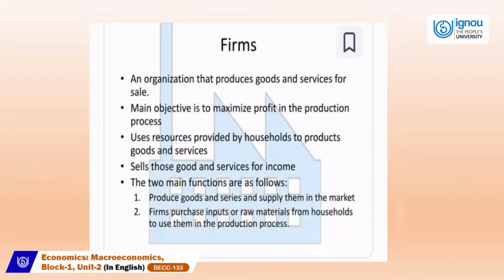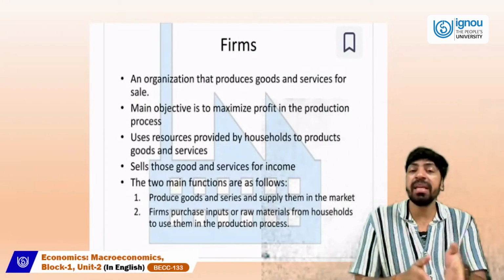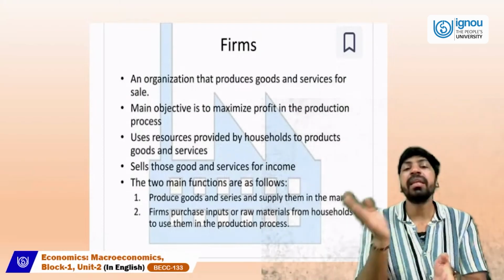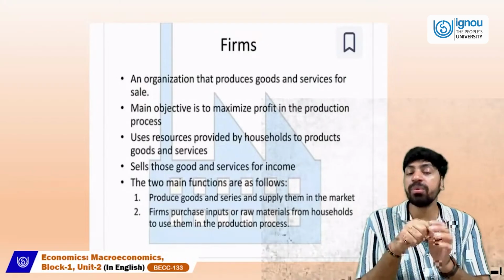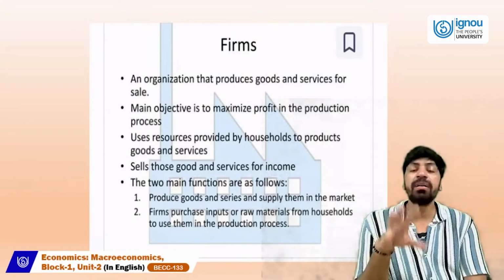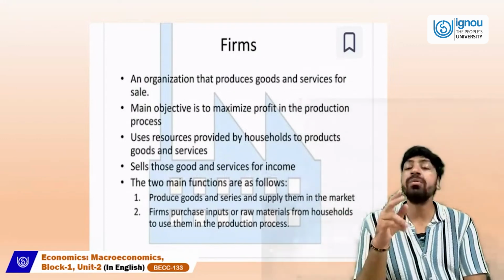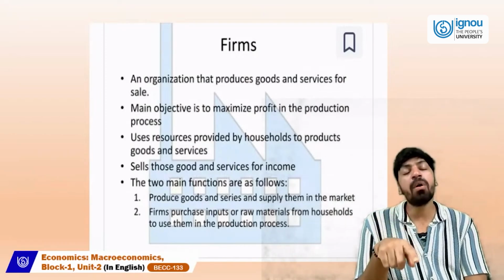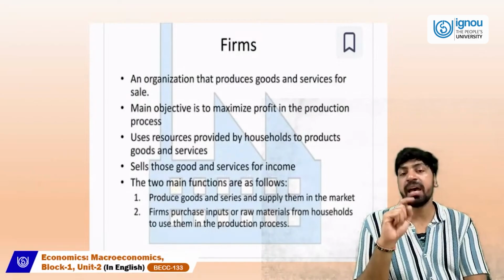So the two main functions of the firm are, of course, to produce goods and services and supply them into a market. It doesn't mean that the firms only produce. They can also purchase the inputs and raw materials from households to use in the production process, so that a particular product can come into the market, so that the household can buy and use all those goods to survive or to satisfy their needs or wants.